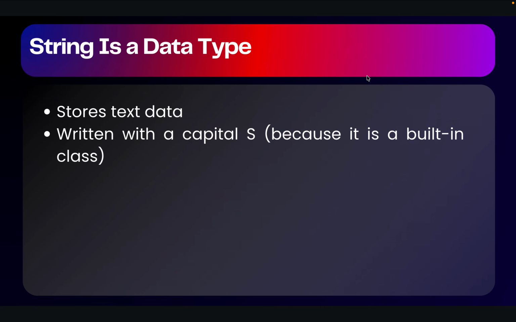And you need to make sure when you use this String data type that you're not typing it with a lowercase like how the other data types are, but you're capitalizing the S. The reason you're capitalizing the S is because this String data type is actually from a built-in class within the Java programming language, and we're calling it and using it in our code as needed.